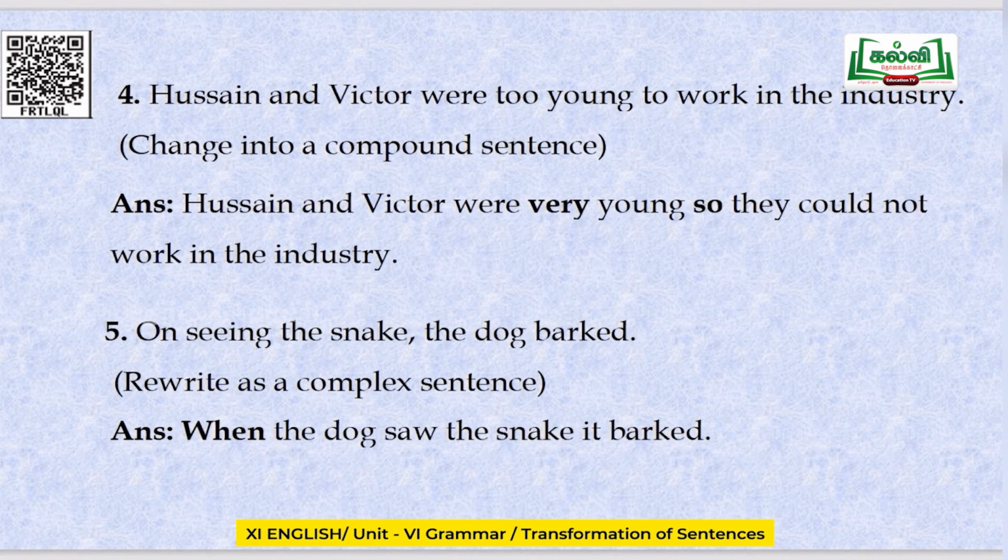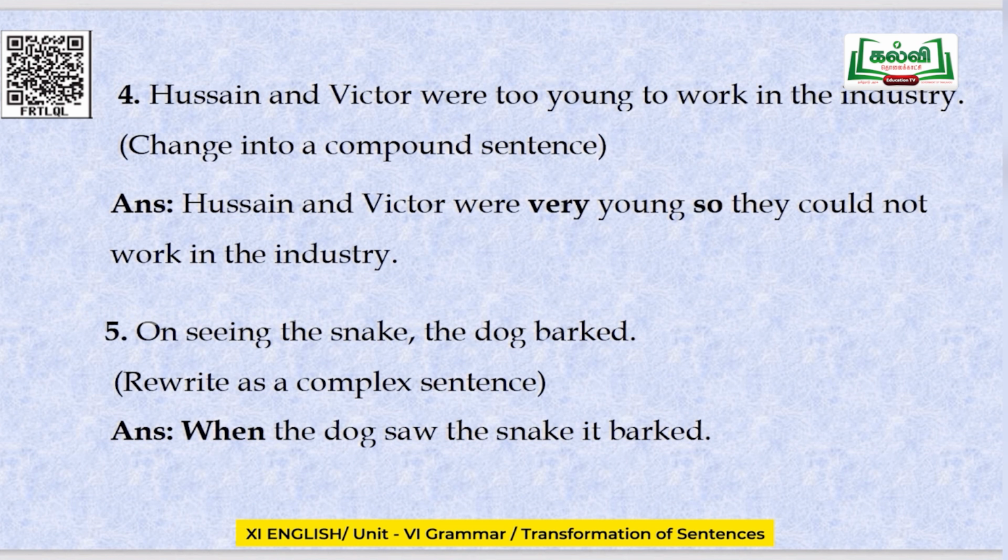Now, the next sentence is, Hussein and Victor were too young to work in the industry. Now, you are asked to change into a compound sentence. So, this is too. In the place of too, you will have what should be used in the place of coordinating conjunction. It will be very and so.